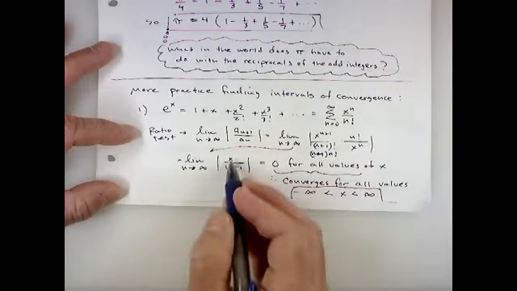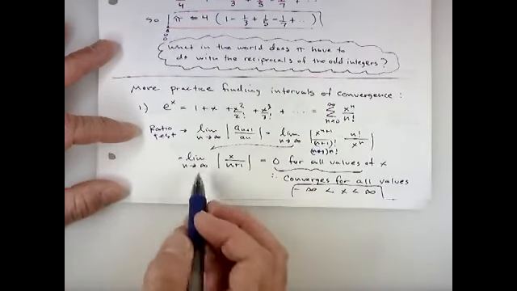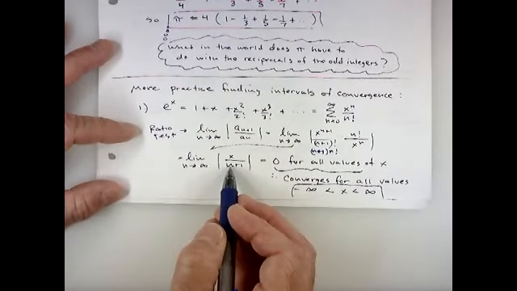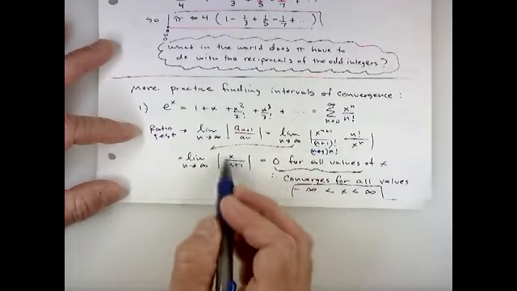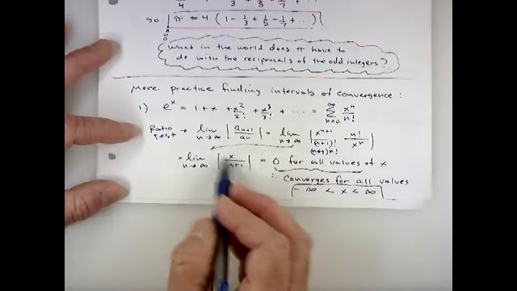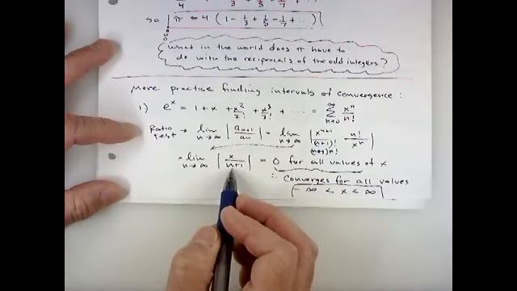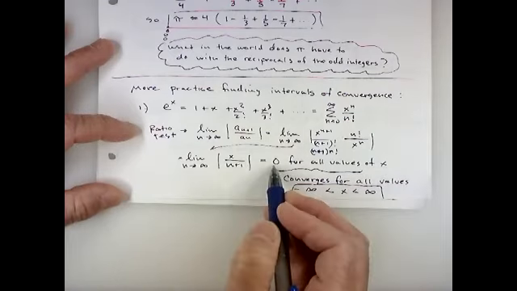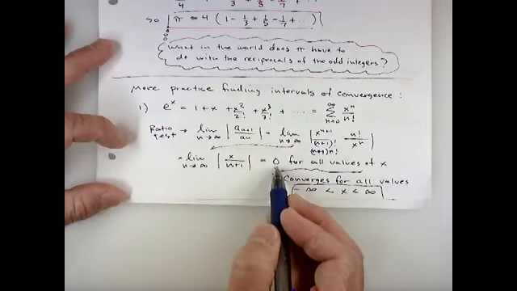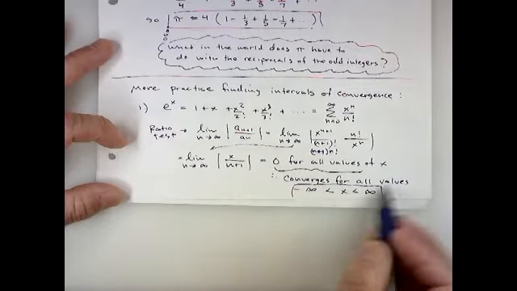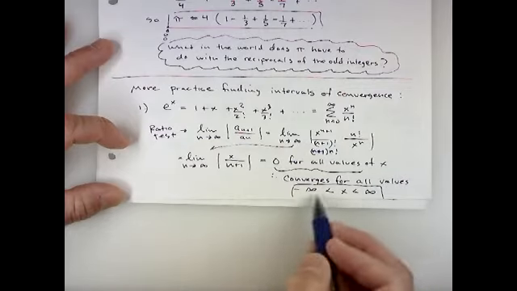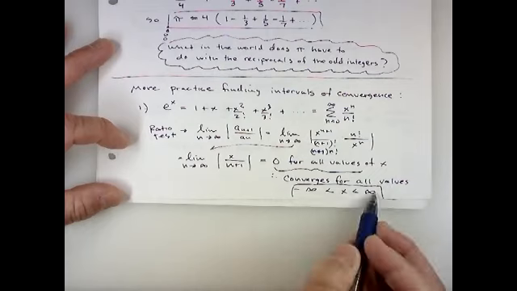And I'll just have an x over n plus 1, which if n goes to infinity, that's going to be 0 for every value of x, right? If you give me any number and I divide it by infinity, I'm going to get 0. Now, by the ratio test, if you get 0, that means it's going to converge for all values of x. So this one converges from negative infinity to positive infinity.